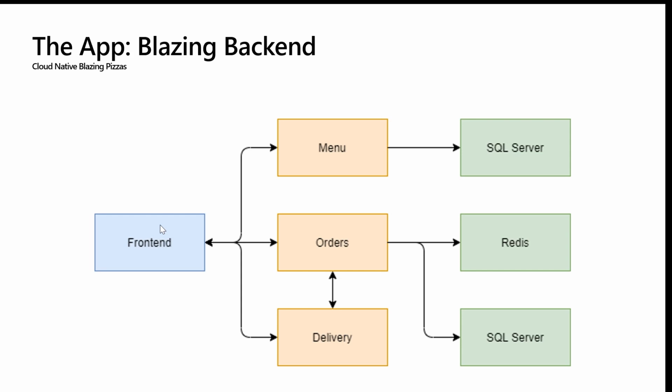It has a front end. This is a more conceptual diagram than a physical one, in that the front end is basically two parts. It's an in-browser Blazor client app and a backend API, and that API then talks via gRPC to all these backend components. You have a menu service, an order service, a delivery service, and they all have different data stores. They're all just separate from each other.